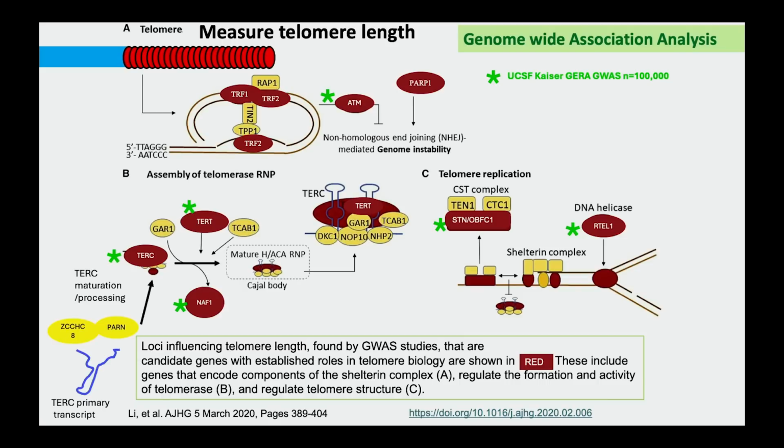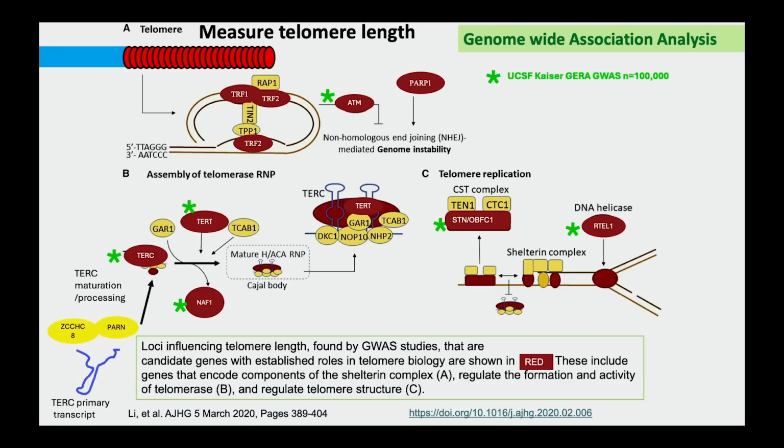Now, what are they all doing? Well, these are all players, and there are many more, that have well-established roles in telomere maintenance. This paper referred to here has depicted this. So there's a very complicated set of things going on at telomeres. Up on the top is depicted, in a very simplified form, the telomere structure. There are structural proteins. When that is deprotected, you get responses involving ATM, for example, DNA damage responses and other components.